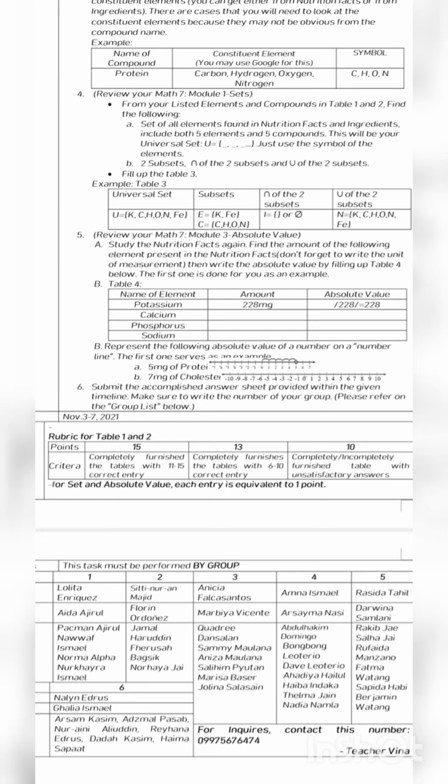I will give 15 points if the tables are completely furnished with 15 or more correct entries. Then I give 13 points if the tables are completely furnished with 6 to 10 correct entries. And I will give 10 points if the tables are complete or incomplete, with correct answers less than 6.